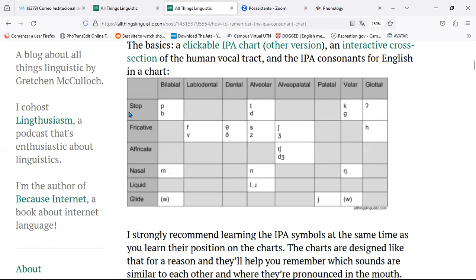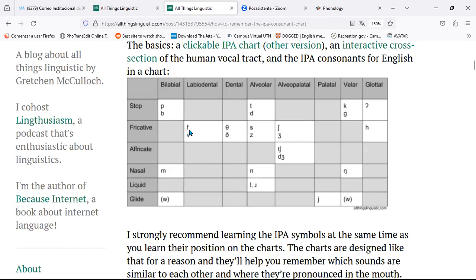Now, we have other sounds that are similar in the way they are made, where there's friction in the sound, like f, v, s, z. You can hear the friction in these sounds clearly.